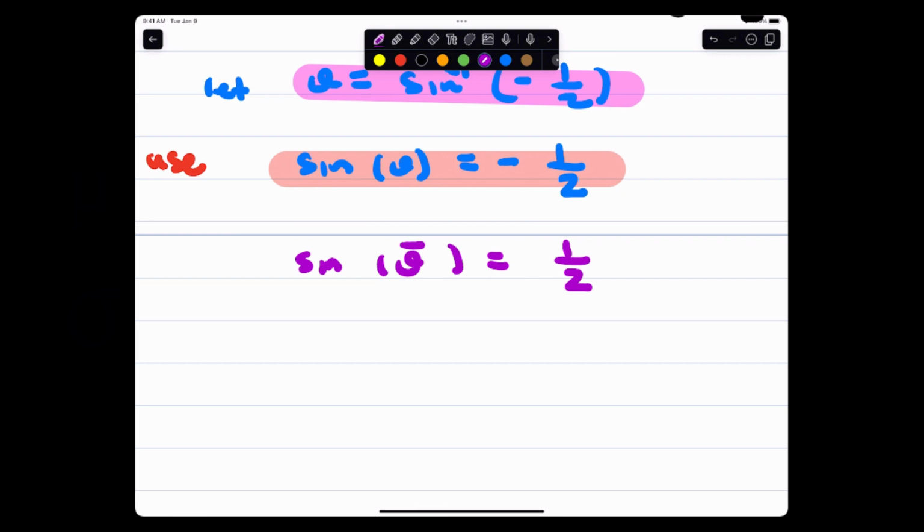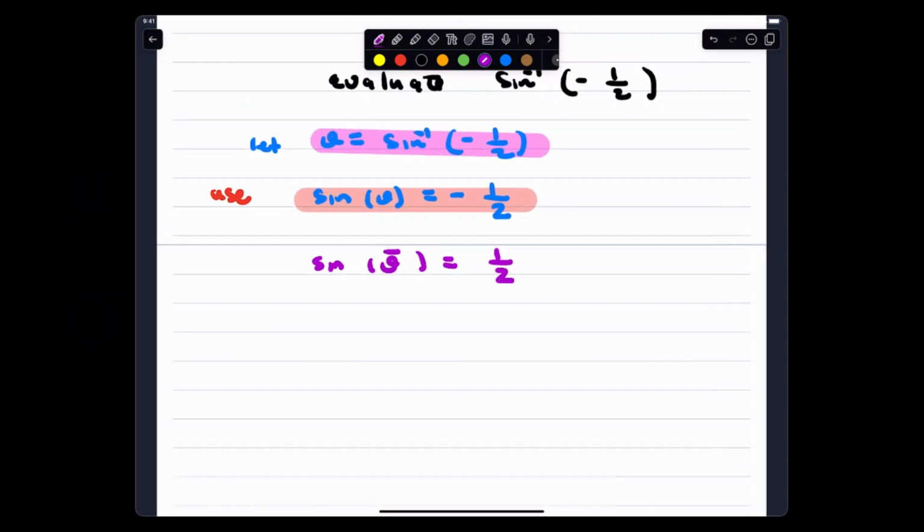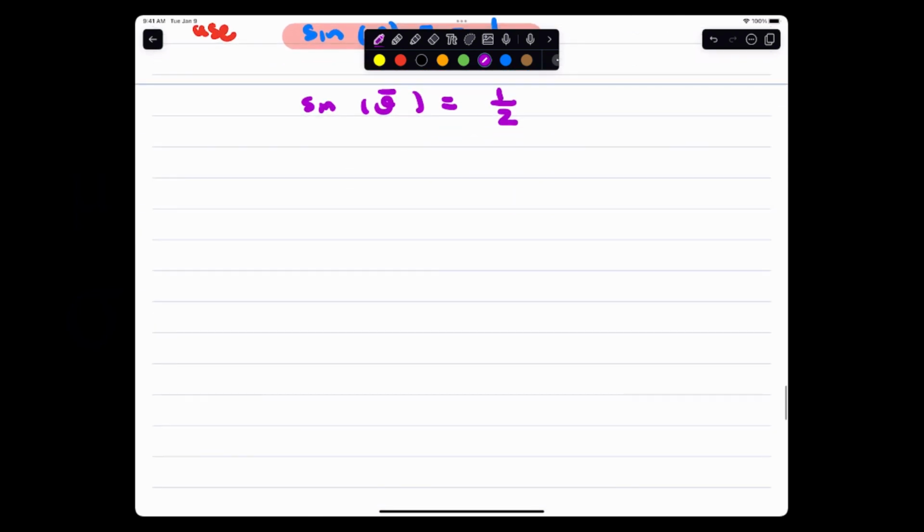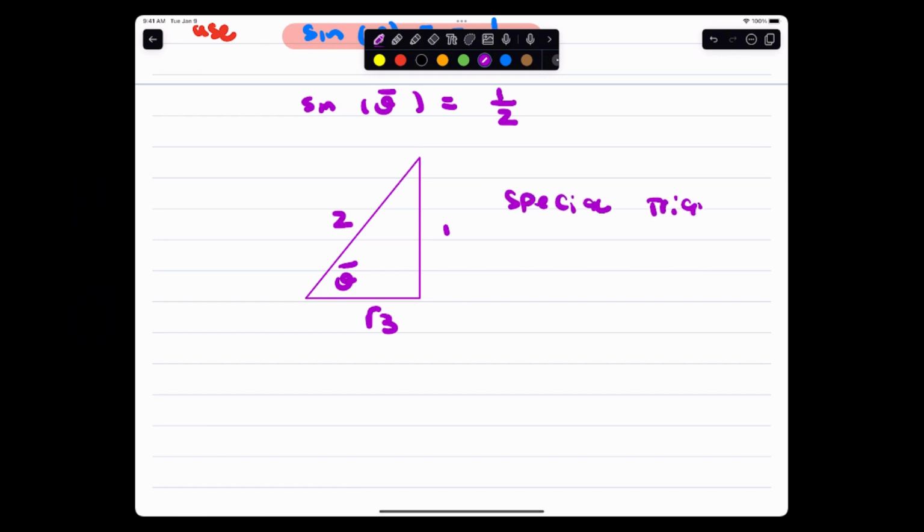So you're going to have to use that positive. That's the reference angle. So this angle here, opposite over hypotenuse, this is square root of 3. This is a special triangle. You guys okay with that? It's a special triangle. Okay.